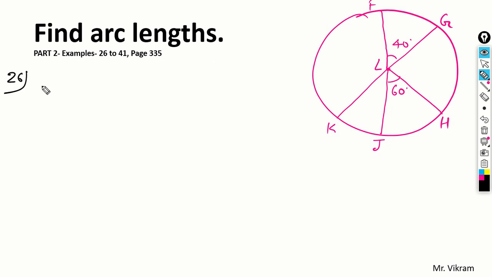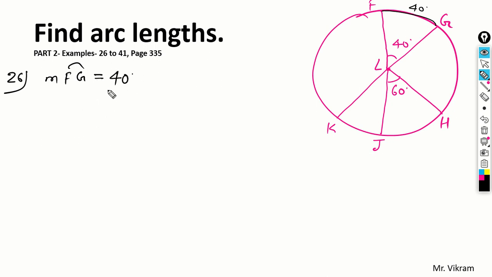Question number 26. Find the measure of arc FG. Now FG is this one, right? And you know that if at the center the angle is 40 degrees, then the arc will make the same angle. This is 40 degrees, so this will also be 40 degrees. This is very simple.